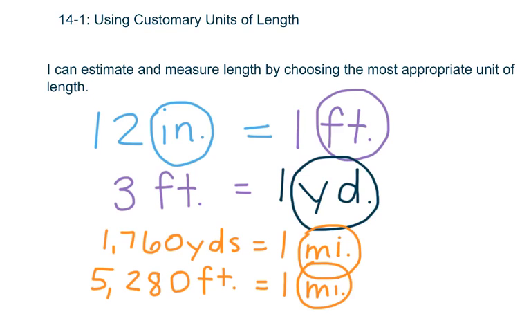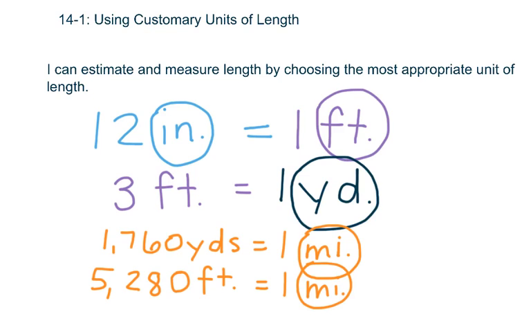Soon we'll start to do conversions, or in other words, changing from one unit to another. So for instance, I might say my block is 1,285 inches long. How many feet is that? We'll convert. But for today, our goal is really understanding about how long each of these units are in connection with things that we see in our daily lives.